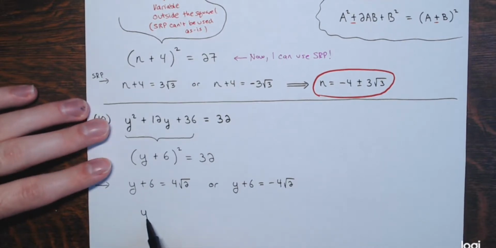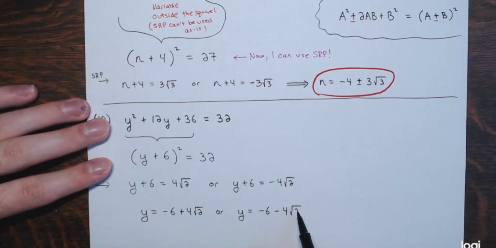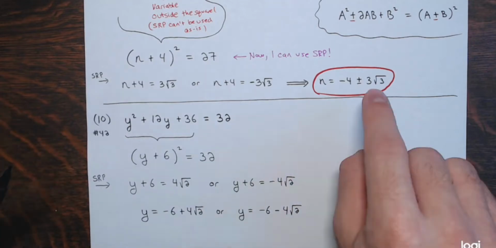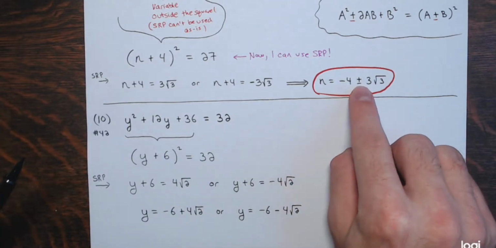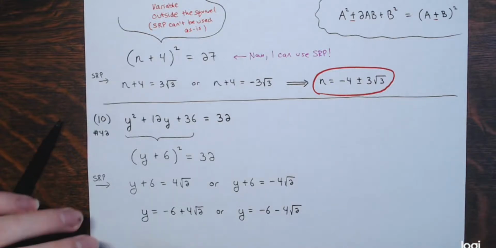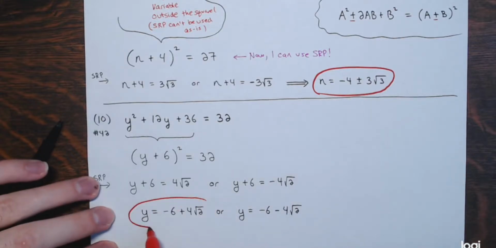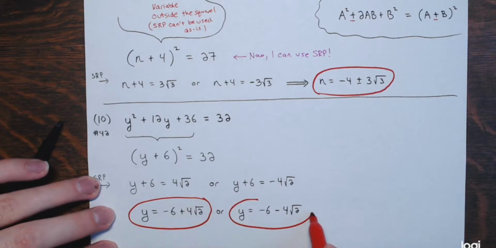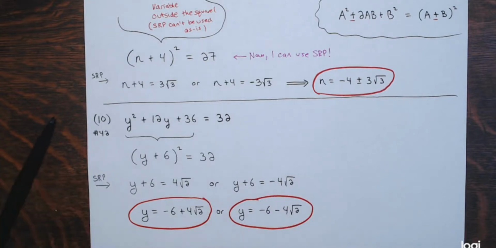So y equals negative 6 plus 4 root 2, or y equals negative 6 minus 4 times the square root of 2. And again, if you want to, you can write negative 6 plus or minus 4 root 2. Same thing, same two solutions. I leave it to you to check, but they should work if I did everything correctly.